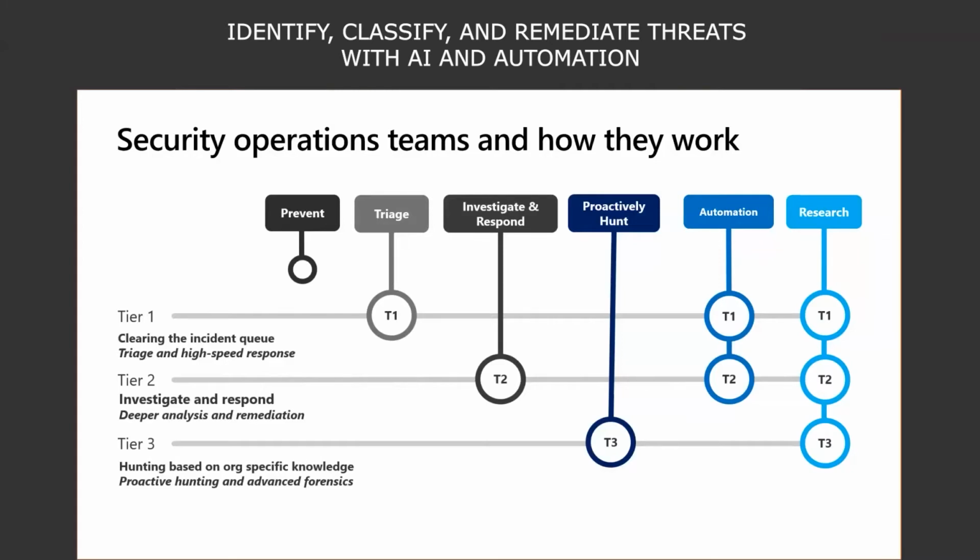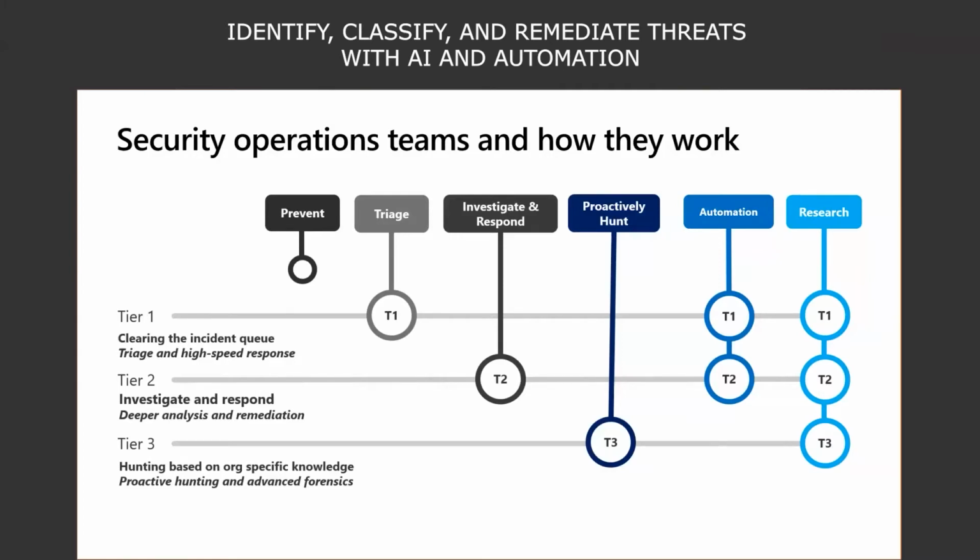So the mission should always be oriented towards limiting the time and access attackers have to an organization's assets, which is really important, and being able to effectively mitigate those business risks.